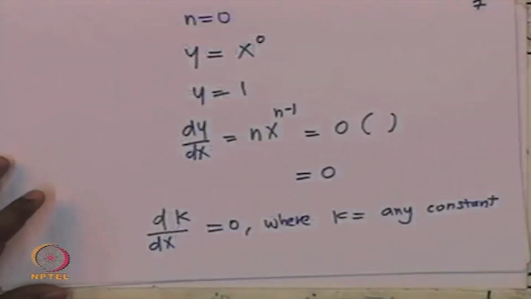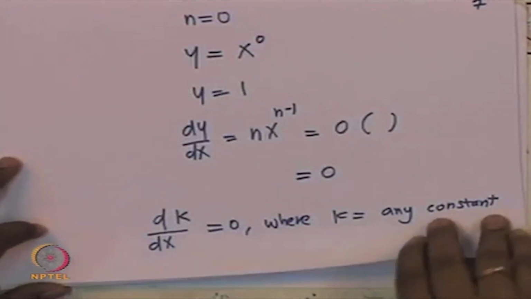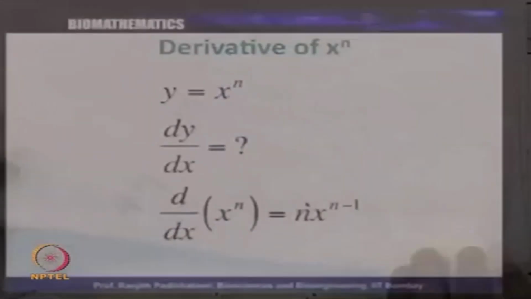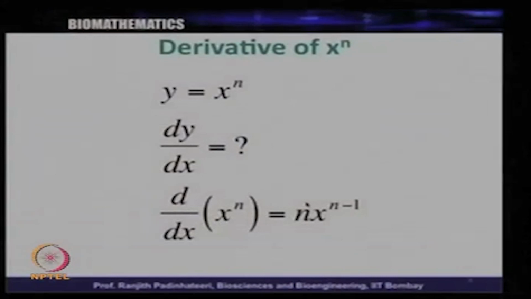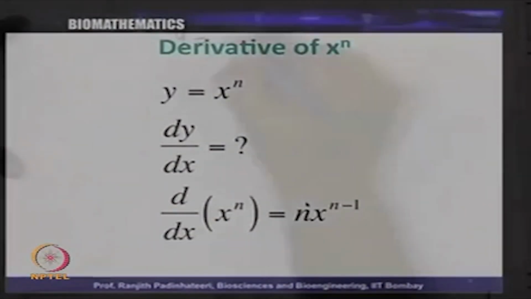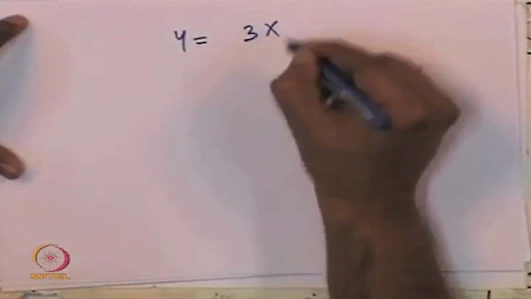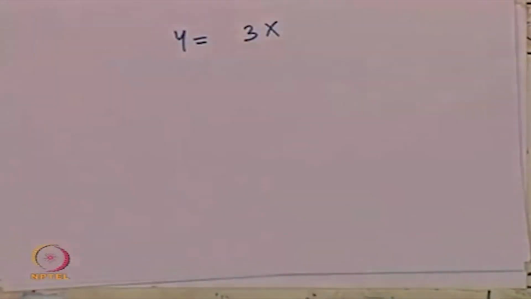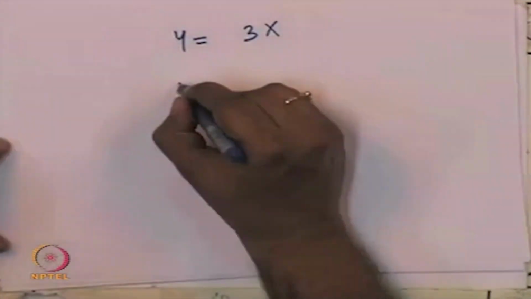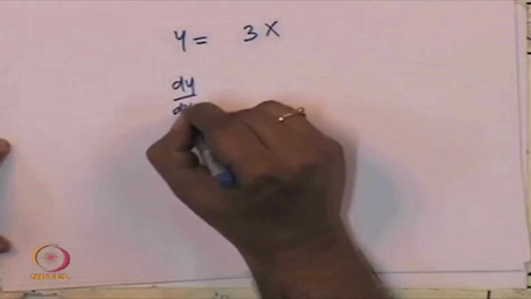Now, let us learn a slight variation of this. Let us say y is equal to 3x. Then what happens? We have to find dy by dx.